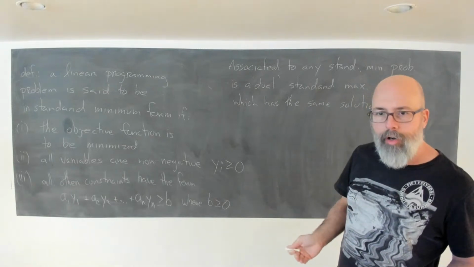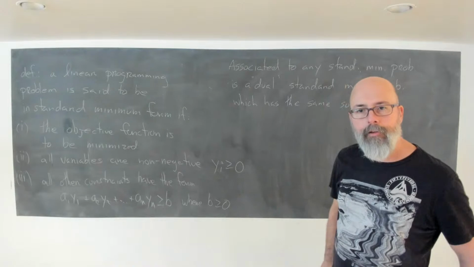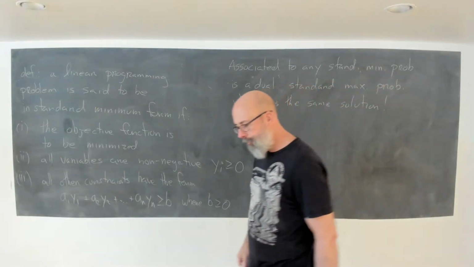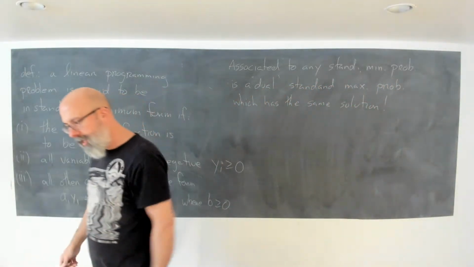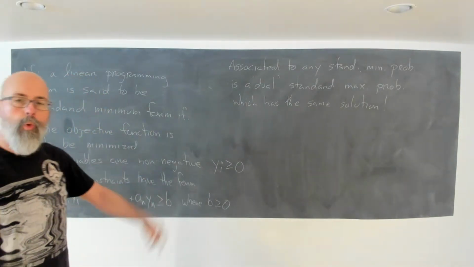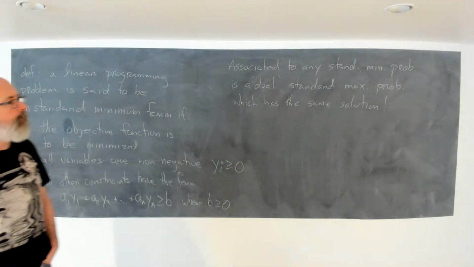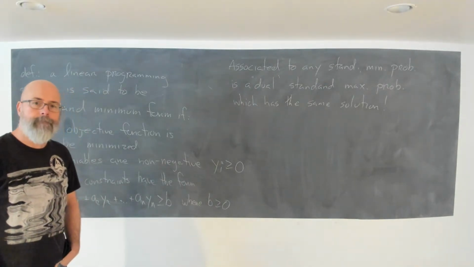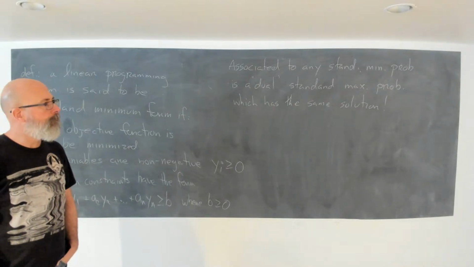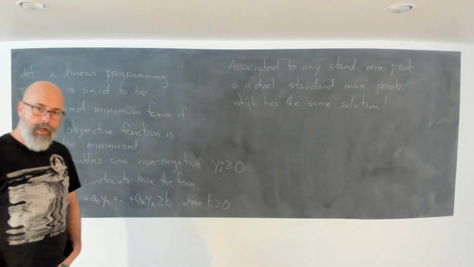So instead of solving the standard minimum problem, we're going to find the dual problem, the associated standard maximum problem, and we're going to solve that in the way that we know. How is this done?